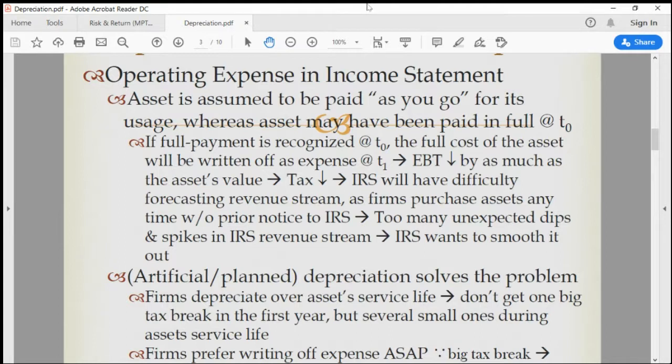And this causes a lot of chaos. There will be lots of dips and spikes in the actual tax revenue, because the forecast is always something smooth.